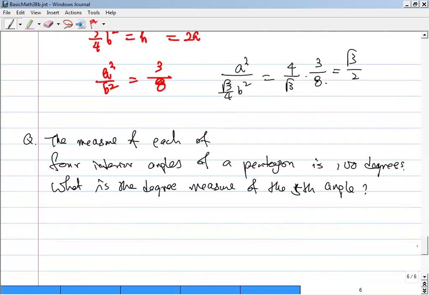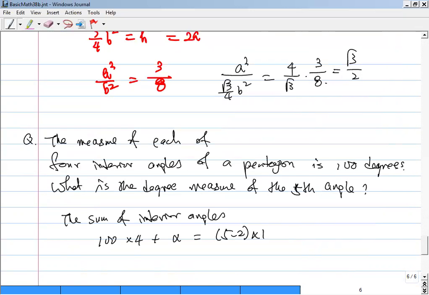So this is not a regular pentagon, just a pentagon, 5 sides. All you have to do is use the formula for the sum of interior angles. The sum of the interior angles is going to be 4 times 100, plus this unknown number, alpha, which equals (5 minus 2) times 180 degrees.